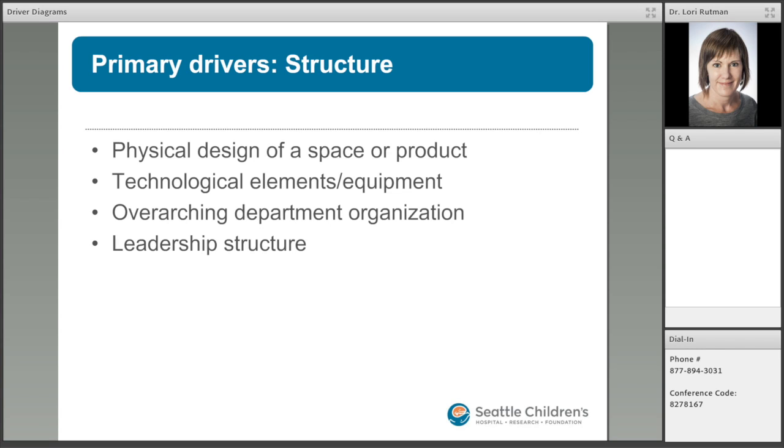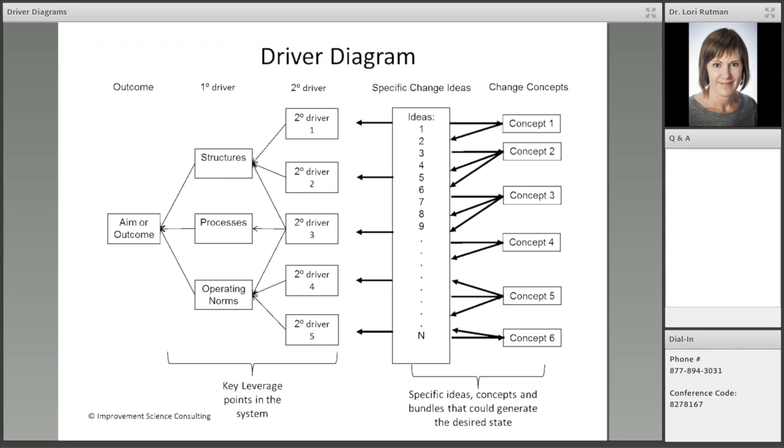The physical design of a space could be something, if you were looking to improve, say, clinic flow, perhaps redesigning where certain people are seated or how the clinic space is actually designed might be one approach that you took to achieving your outcome. Leadership structure and things like that are often hard things to change, but they are things that you can address with some of your interventions, and we'll get to that in the future slides.